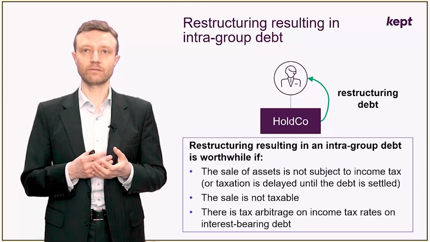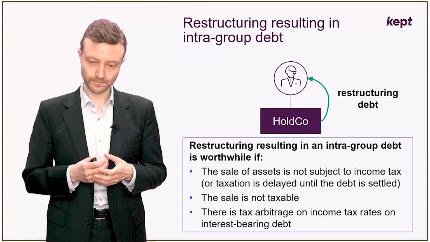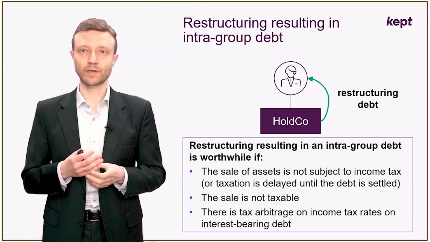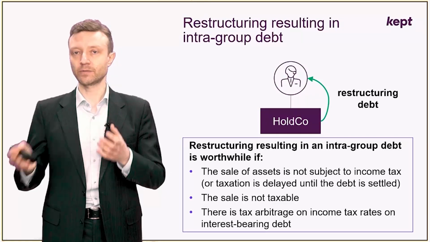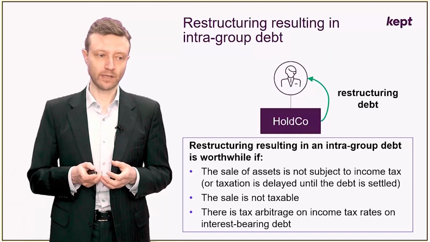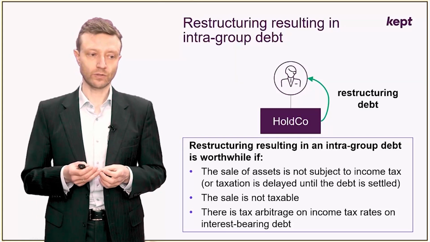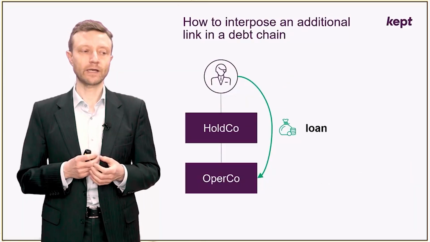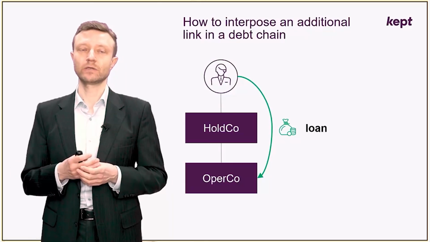Even if this income is taxable in the hands of the shareholder, the tax rate is lower: compared to the 20% tax rate that applies at a corporate level, 15% personal income tax is definitely lower. So in the course of restructuring, some tax arbitrage in the resulting financing structure can be used to achieve positive tax effects. Let's now look at how financing structures can be changed.